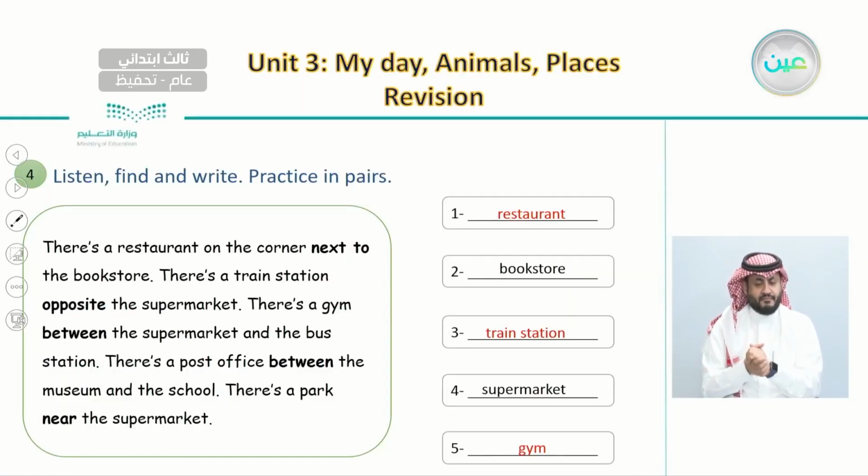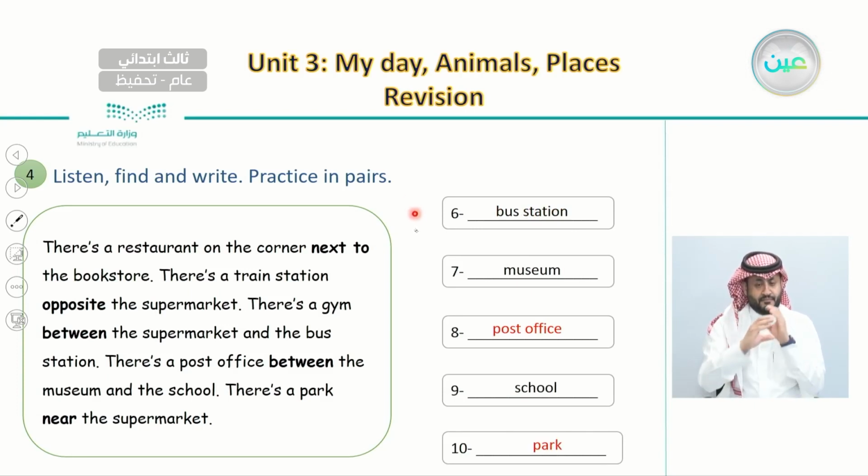Number 1 is restaurant, number 2 bookstore, number 3 train station, number 4 supermarket, number 5 gym, number 6 bus station, number 7 museum, number 8 post office, number 9 school, and number 10 a park.